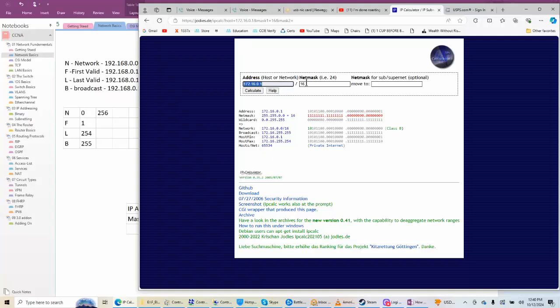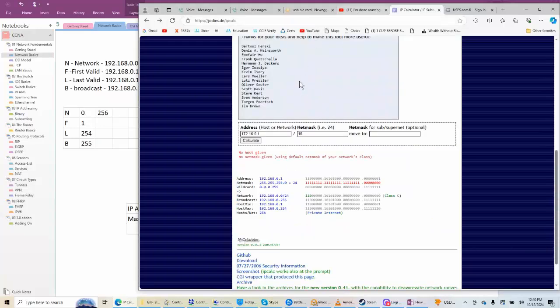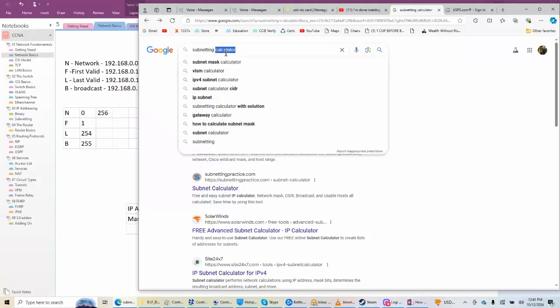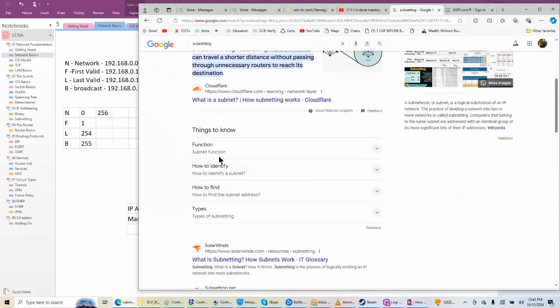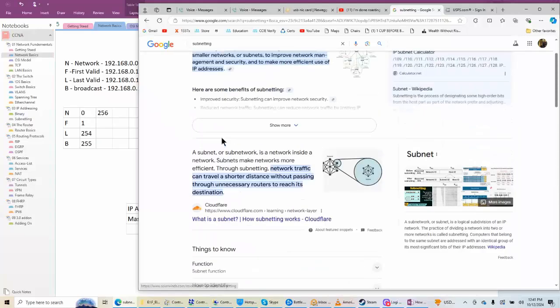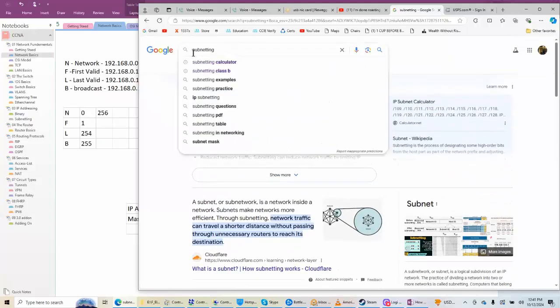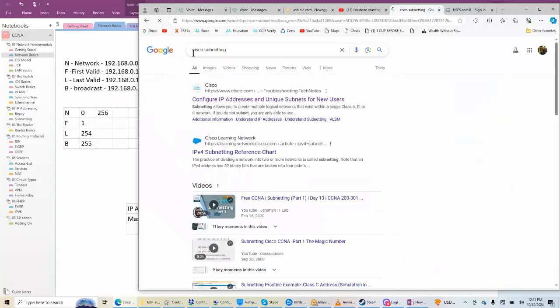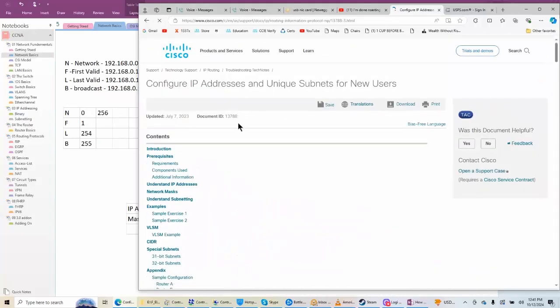Okay, let's try. See, it's not telling me how many networks are possible. Okay, let's go back. Let's do it this way. I think this gave me information that I needed here.